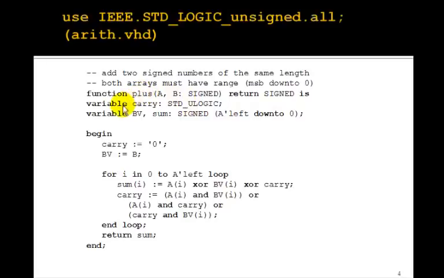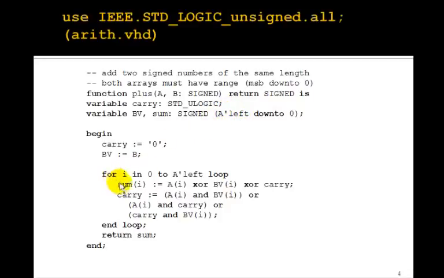But look how they actually implement it. This plus function, they make a variable bv, which they're going to set to b down here, and sum, and they're signed a'left down to 0. So a'left means the most significant bit.